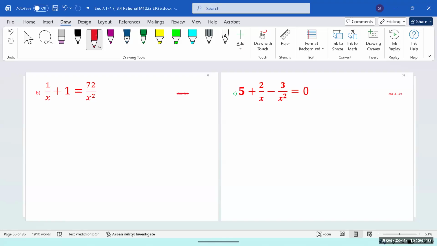Now we have x, but you want x squared. So what do you have to multiply by? You have x, but you want x squared. So you can multiply this x by what? One times x is x. X times what is x squared? But you don't have x squared, you have x. X times x squared is x cubed.